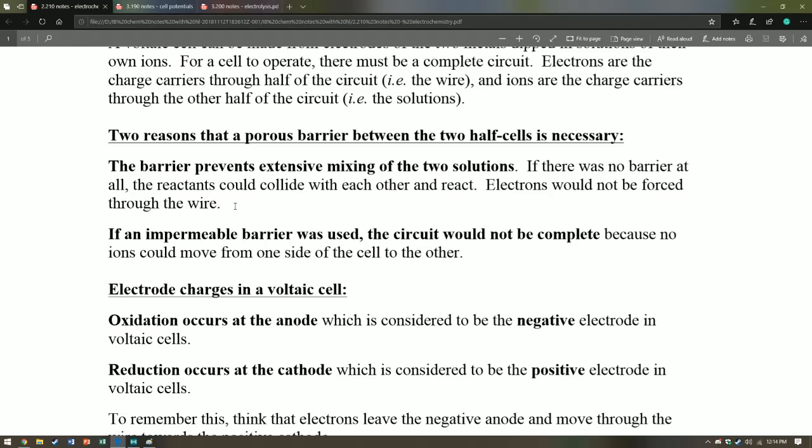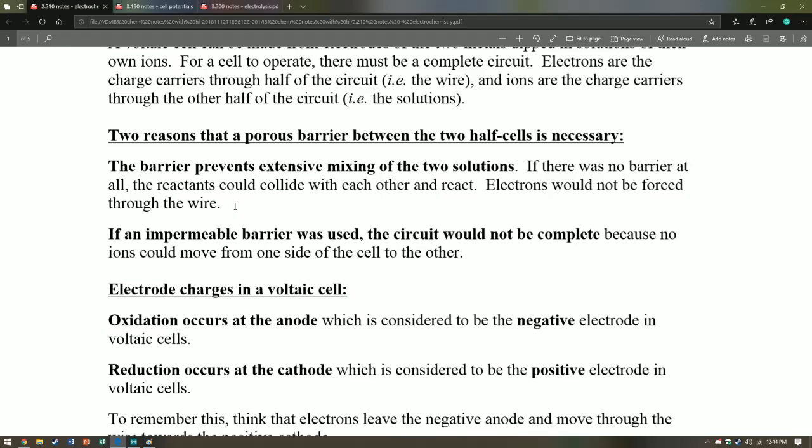You won't have a closed loop, and you need a closed loop, because current can go one way but can't go back the other way. A circuit is essentially a closed loop, so you need to complete the circuit.